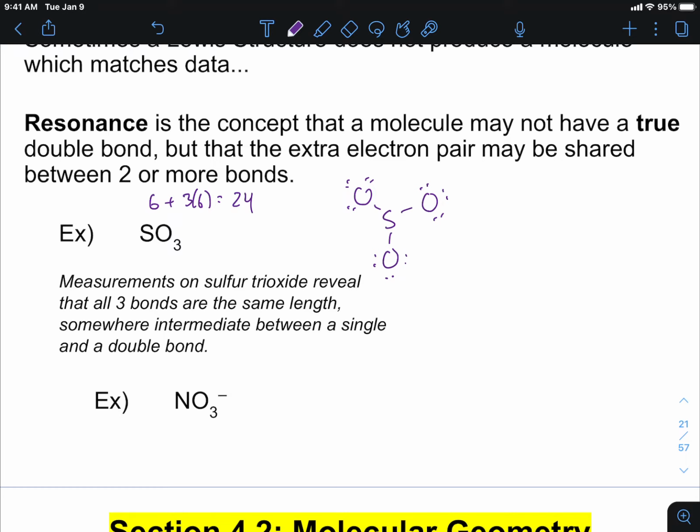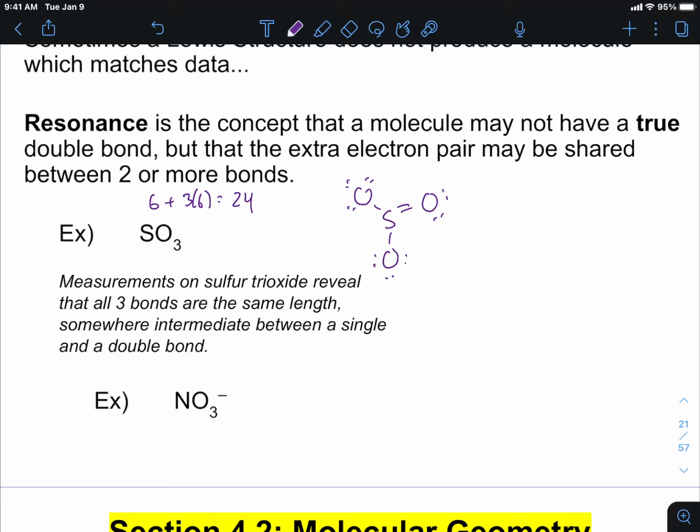So what you've learned by now is how to fix that, right? How do we fix this? Yeah, we're going to need a double bond somewhere. So I'm just going to pick an oxygen, just going to pick that one here, and rewrite the electrons as a double bond. Okay. So here's the thing, though.